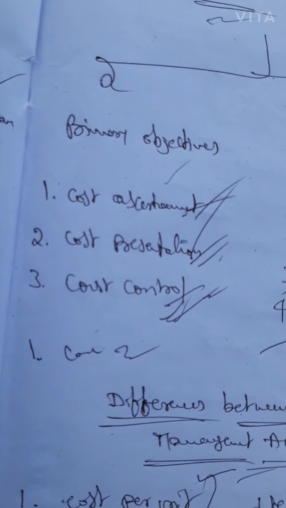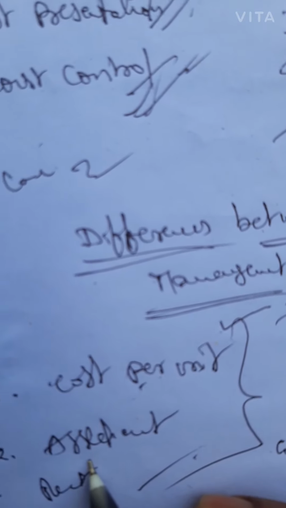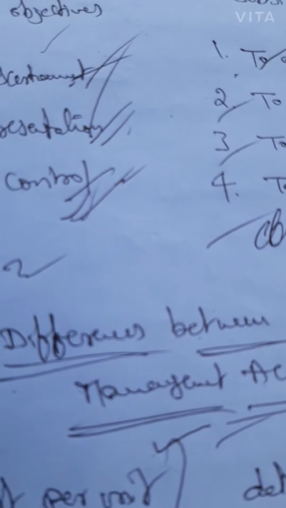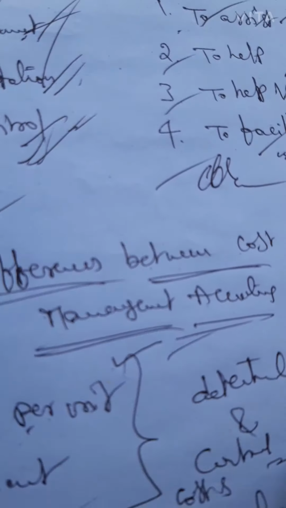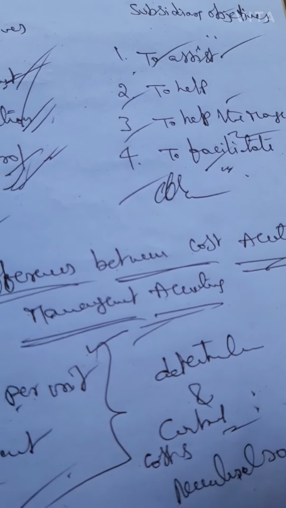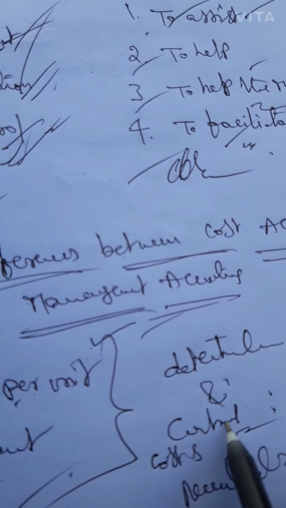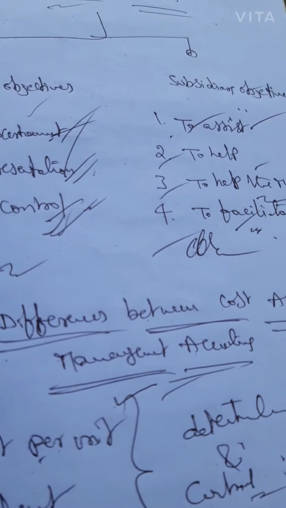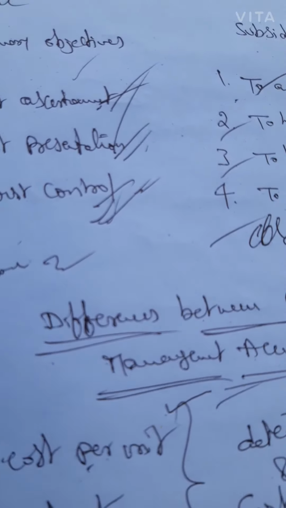And in the same way, the second one is ascertainment of cost. Mainly it is limited to the ascertainment of cost, whereas management accounting includes all those aspects, that is budgeting, tax planning, interpretation of financial results, etc. Okay.